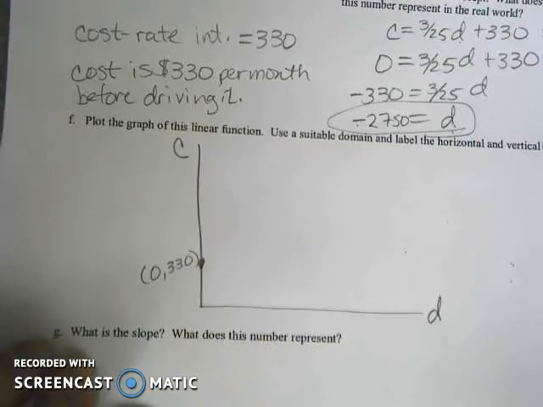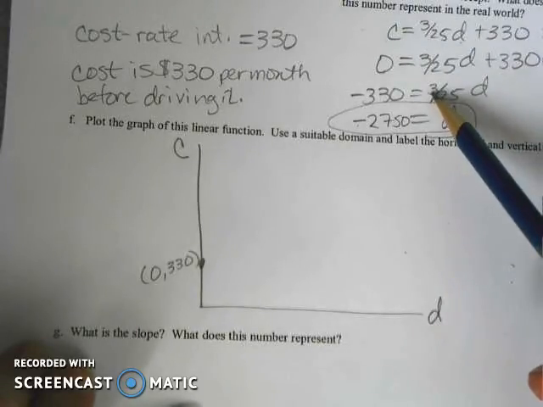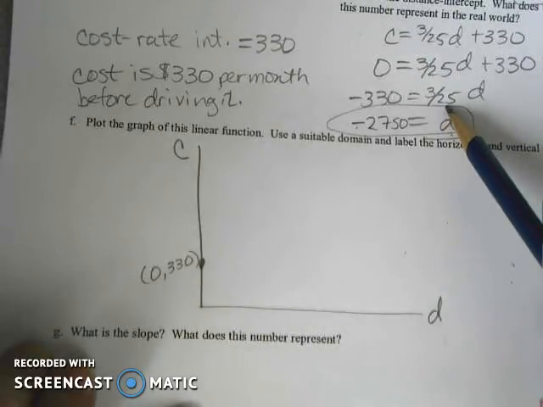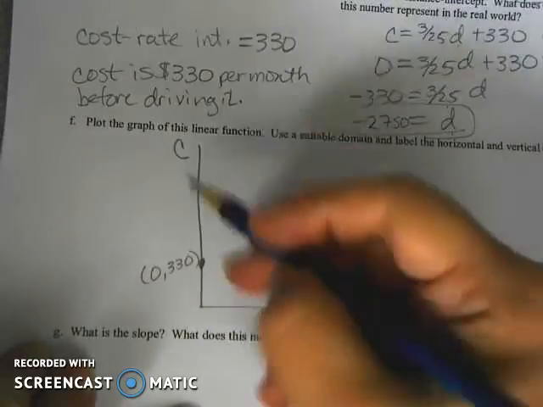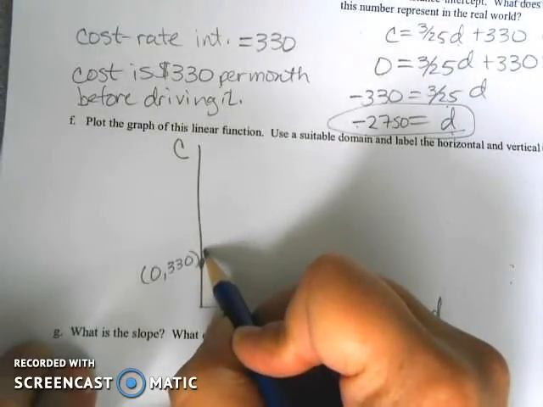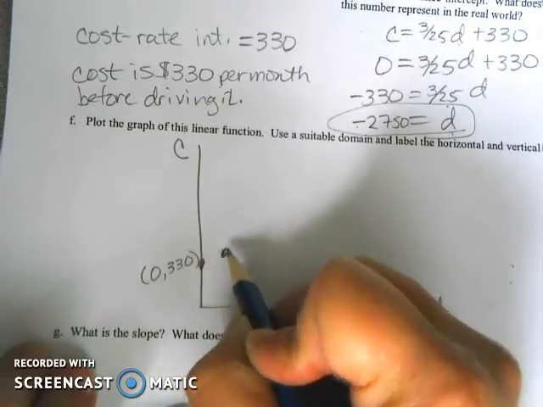And it increases, let's see, we increase a cost of $3 for every 25 miles. That's what the slope indicates. So if I were to go up 3 and over 25, it's kind of a fairly flat slope.